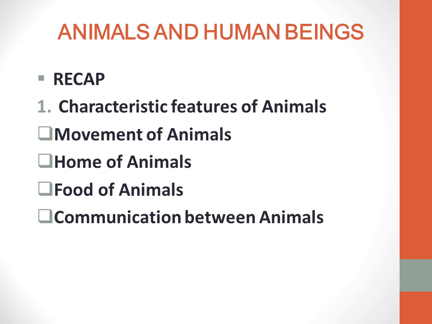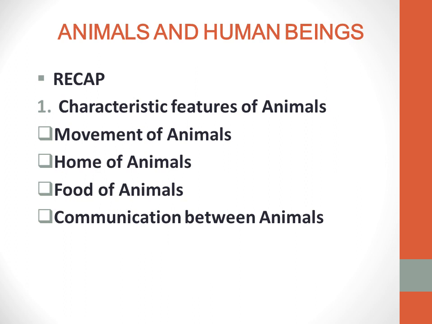Before we start our first session today, let us have a short recap on topics which we have seen in our previous classes. So we have seen four characteristic features of animals. The first one is movement of animals.